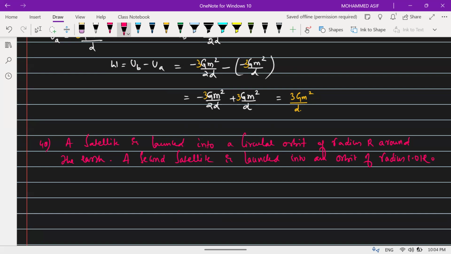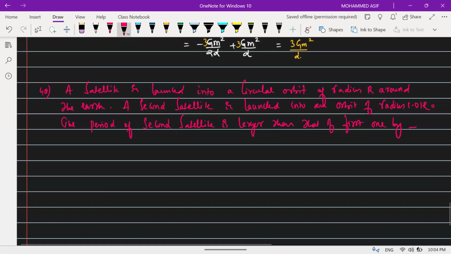The question is the period, that means the time period, of the second satellite is larger than that of the first one by dash. Okay. Options are given as first one is 0.5%, second one is 1%, third one is 1.5%, and fourth one is 3%. So try करो.